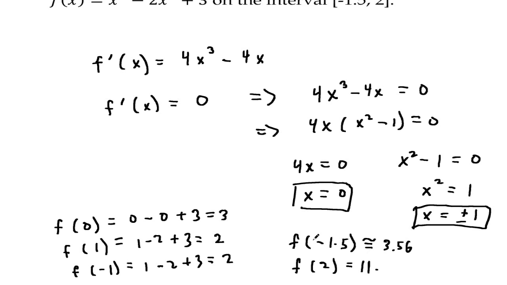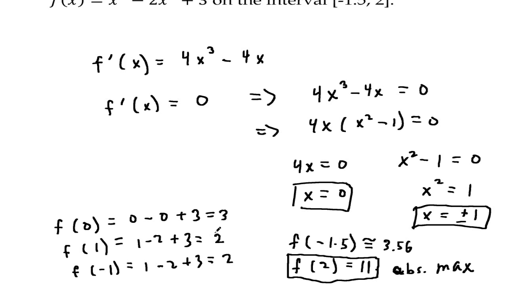So here we see 11 is the largest. So we have an absolute maximum at x equals 2, and the maximum value is 11. Now look for the smallest one.